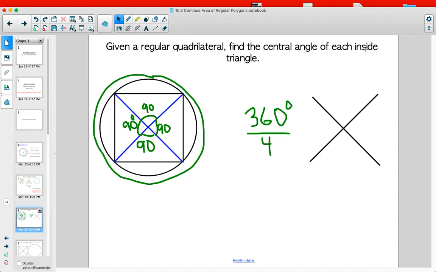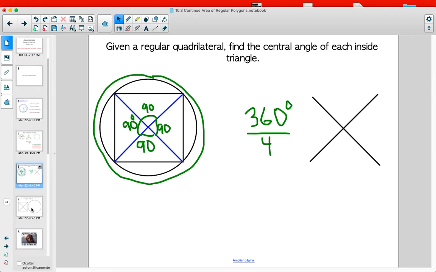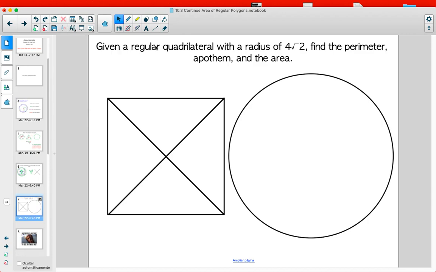Central angle of each inside triangle. We are going to use this information to go a step further. So here is the next step. Given a regular quadrilateral, which we know is a square, with the radius of 4 radical 2. So I'm going to put that the radius, which means from the center to the vertex, so this part in blue, that length is 4 radical 2.